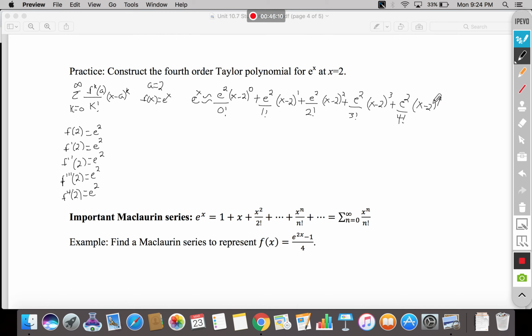All right, there is my 4th degree Taylor polynomial for this function.